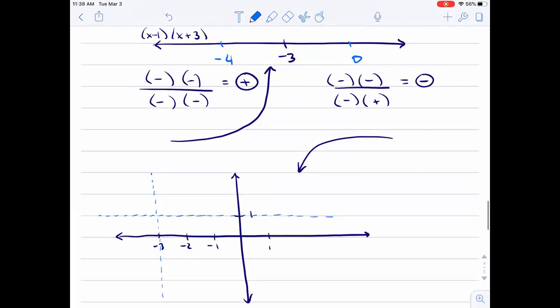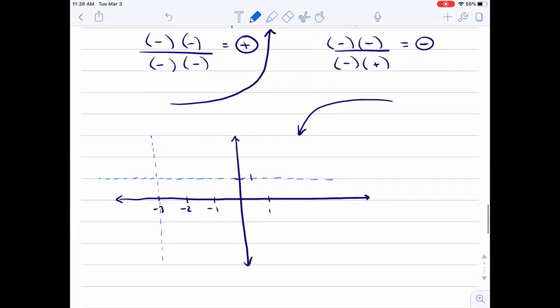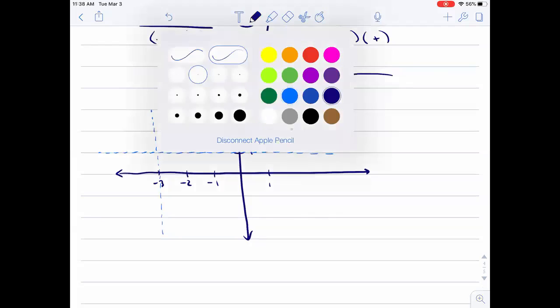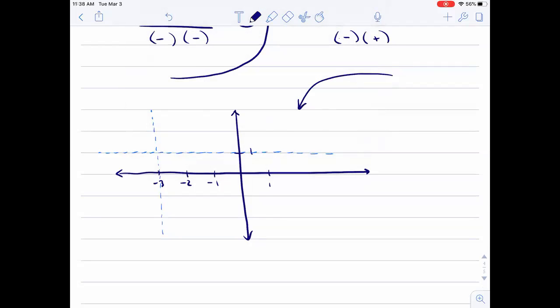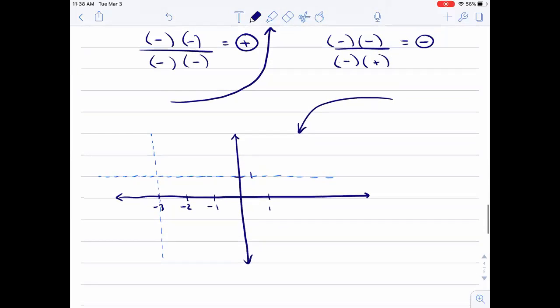So we know around the vertical asymptote we're going to have this type of behavior, and they're going to behave the same way around the horizontal asymptote. So here, we put that little guy in that corner, going up towards positive infinity.